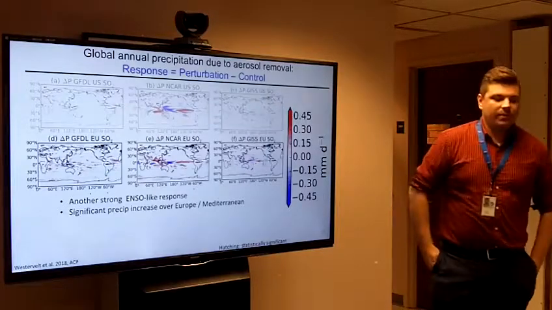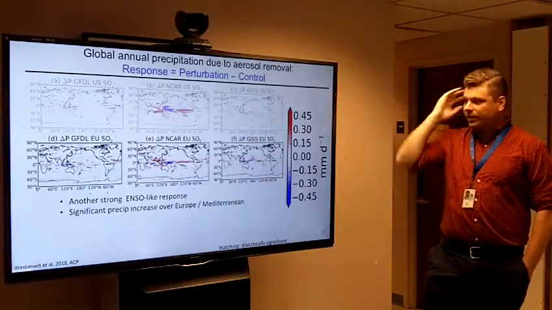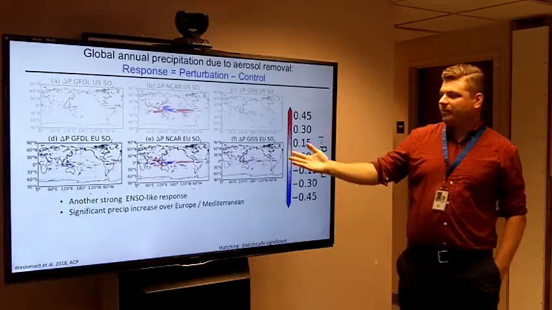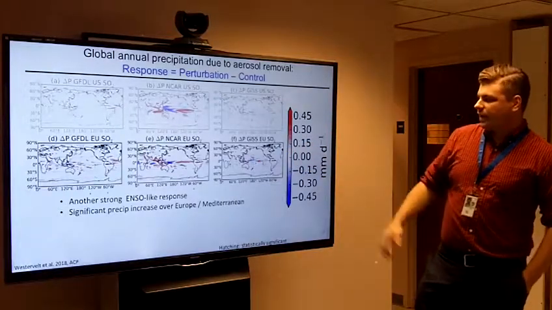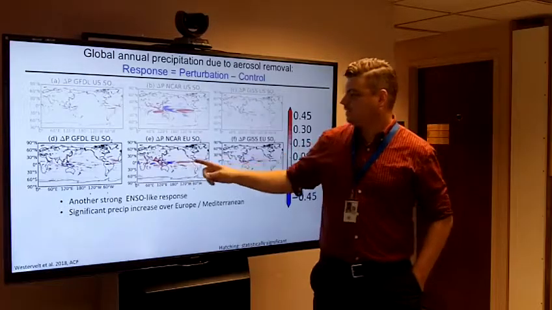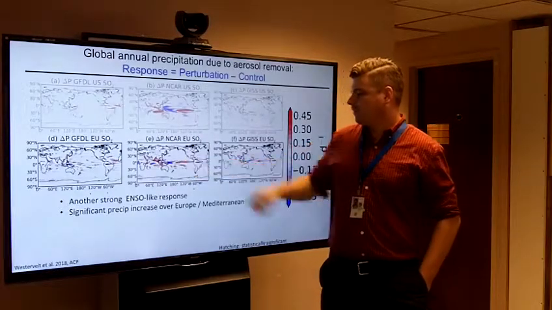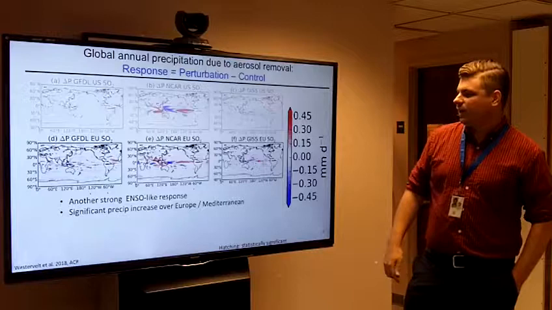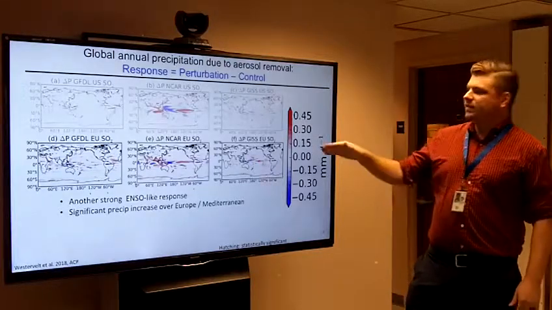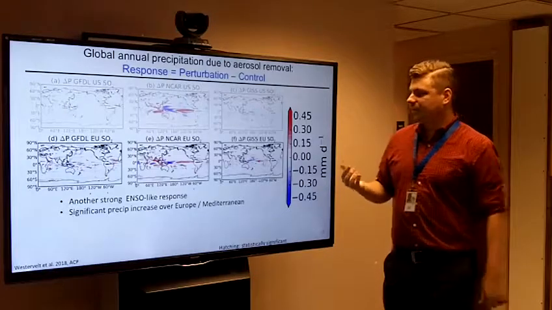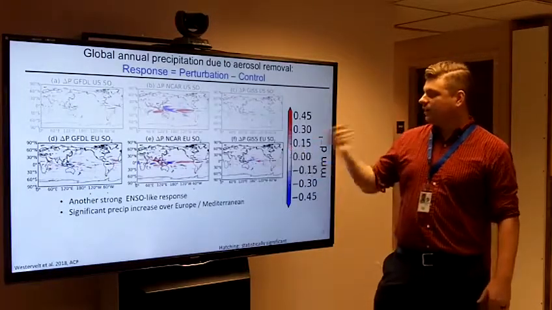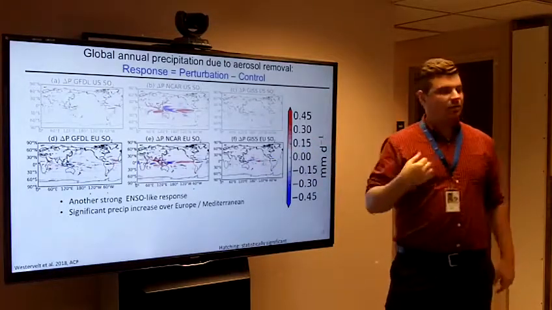Now moving away from the US SO2 and getting into another simulation. So Europe SO2, what happens when we remove that? Again, we see that the NCAR model has this dipole type of response going on in the tropics. We also see the Sahel effects again, or the Atlantic ITCZ effects, but the one thing that's different about this is that we now see a lot of local impacts.